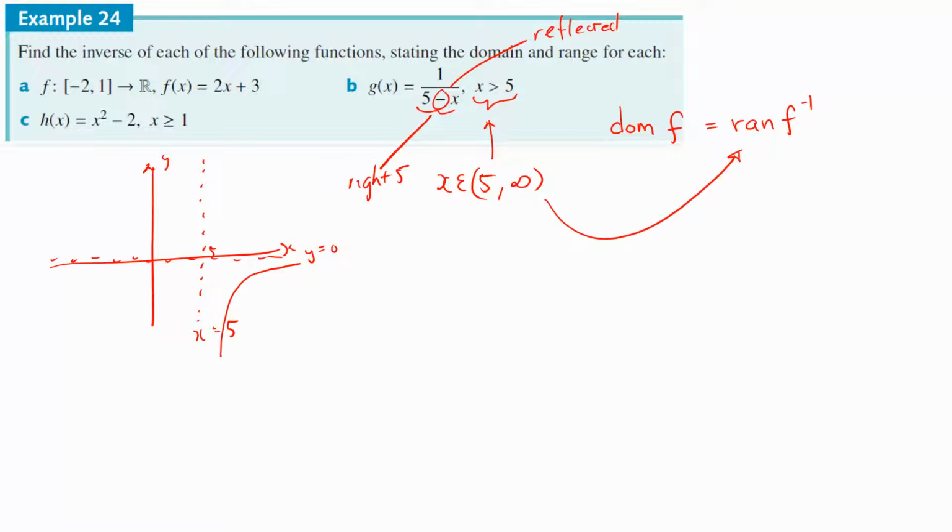And so I look at that now, I can say, okay, that means my range now is from negative infinity all the way up to 0, but you don't include it. So I know my range of my function is equal to the domain of your inverse, which is negative infinity up until 0.